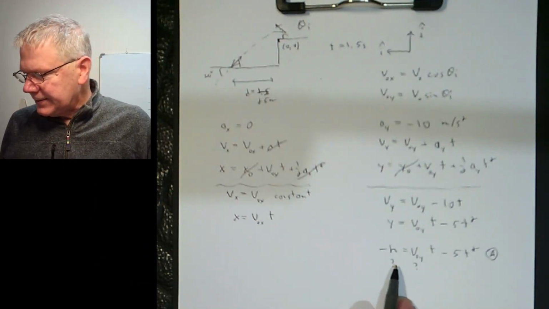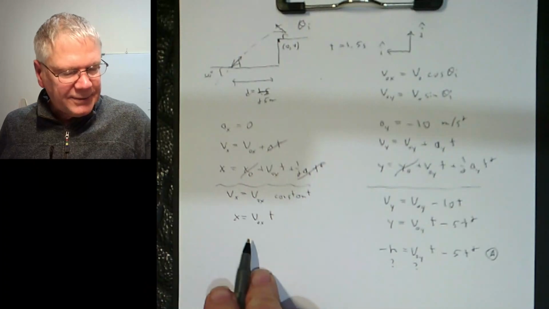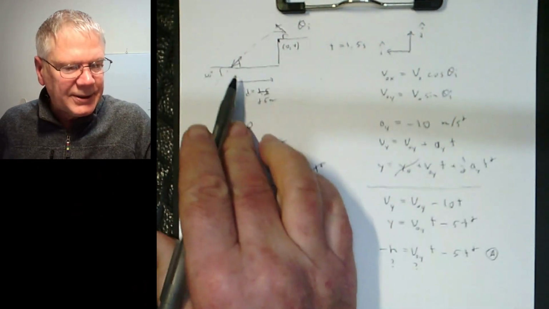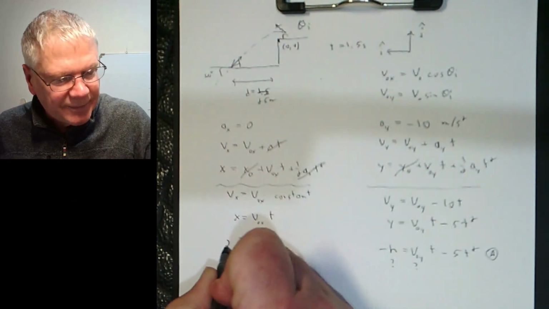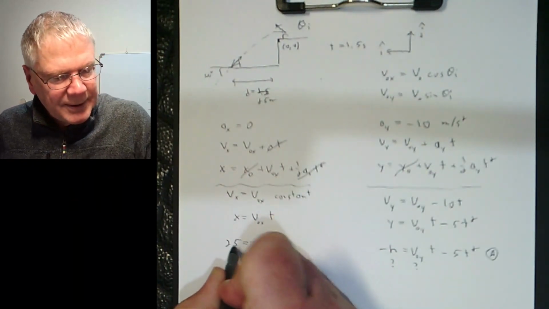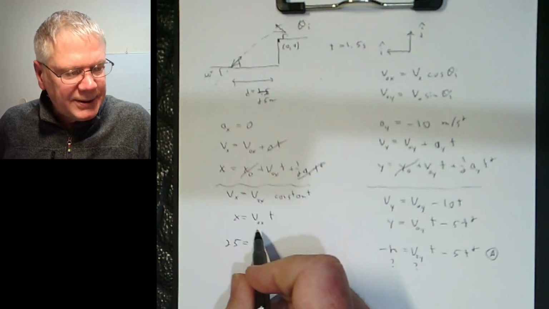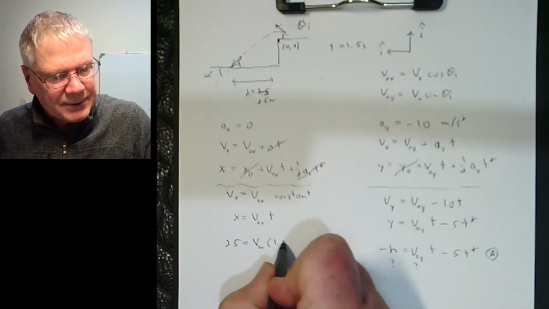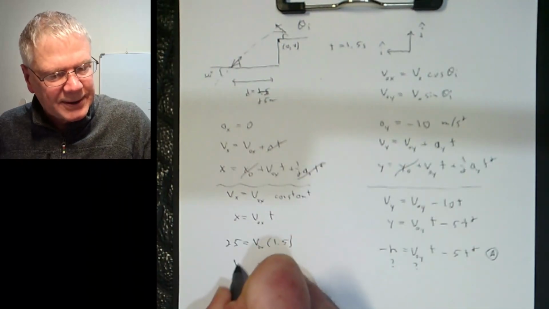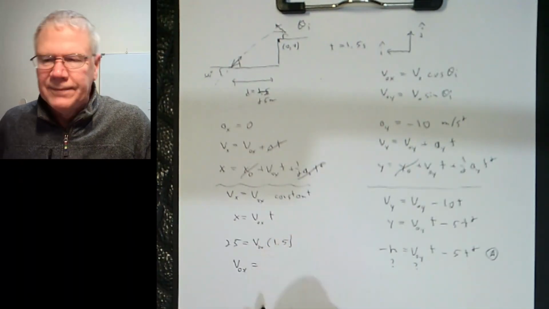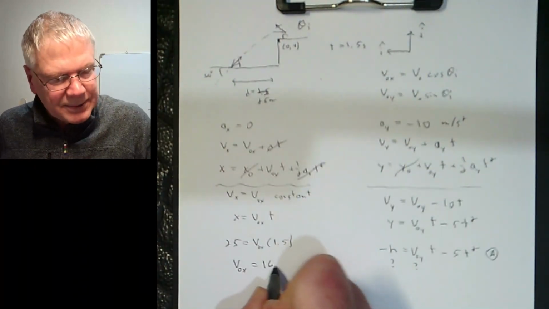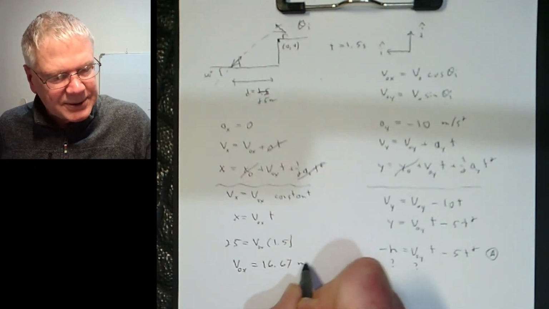Let's see, we know, well, let's come back over here and find our initial x velocity. So what's x when it lands? That's 25. That's equal to the initial Vx, which I don't know and I want, times 1.5. This allows us to find the initial x velocity. And that turns out to be 16.67 meters per second.